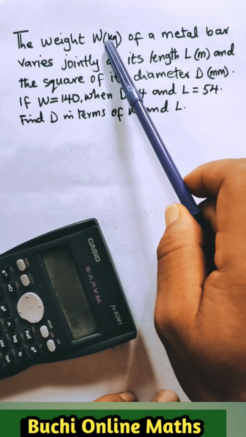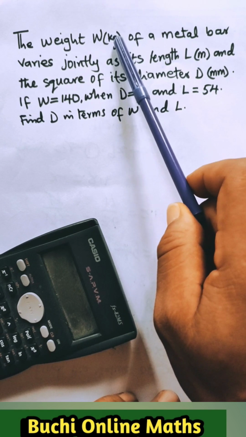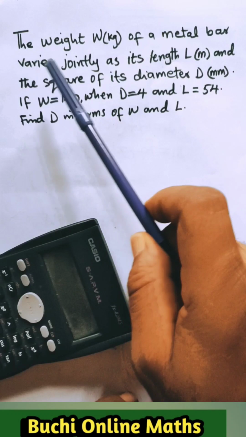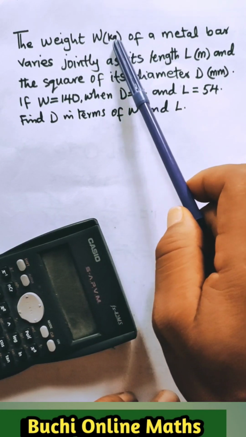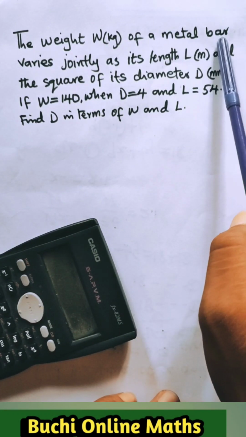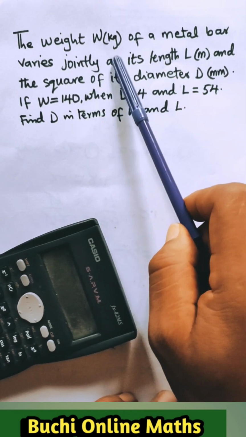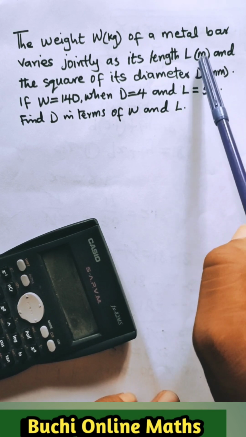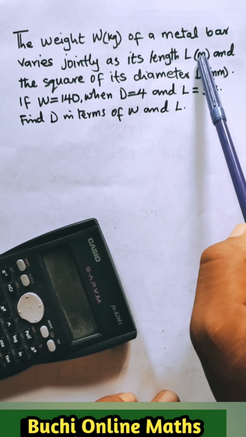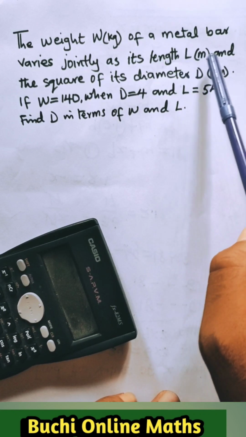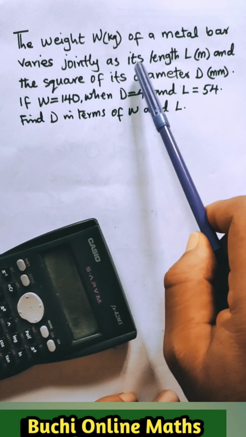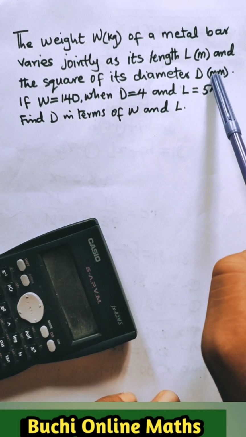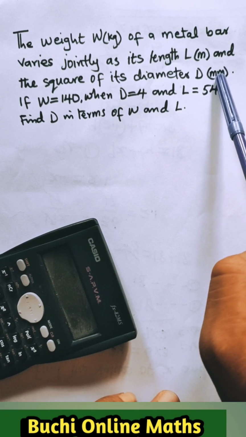The weight W in kilogram, that's kg means kilogram, a unit of measuring weight, of a metal bar varies jointly as its length, L, where the unit of measuring length is meters, so this small m in bracket means meters, and the square of its diameter, capital D, and the unit of measurement is millimeter, so mm here means millimeter.